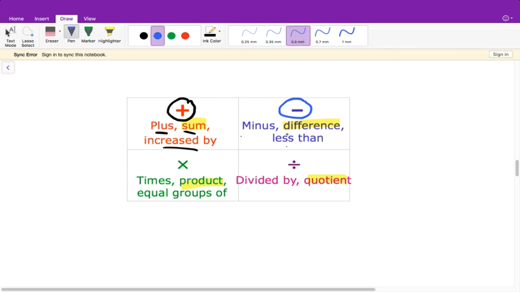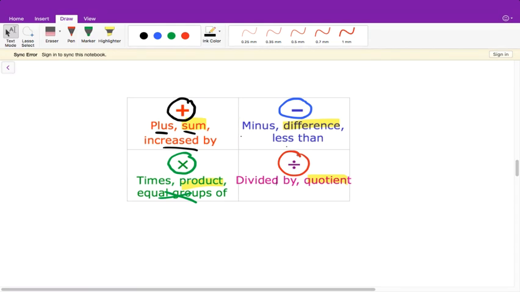So anytime you see these three words, or four words if you include less than, you know that you're talking about subtracting. Then for multiplication, we can say times, product, or equal groups of. This one you probably won't see much, but it's another way that you can describe it. And then the last one is the division sign. And division is simple, divided by or quotient.